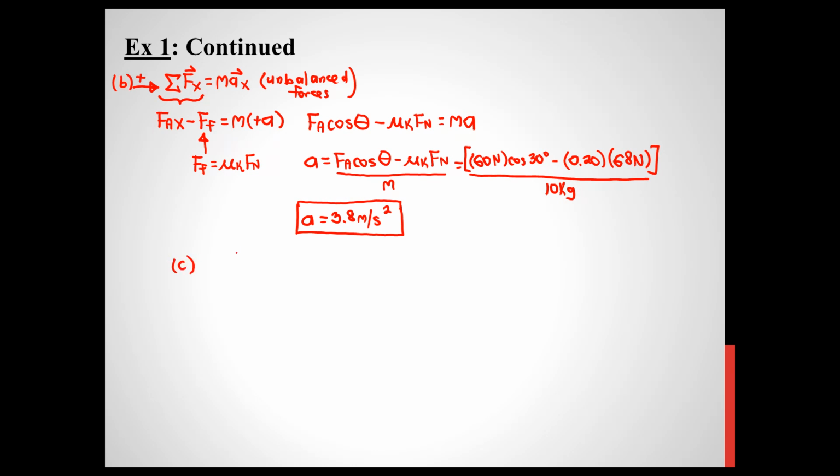Part C wants me to figure out what the velocity of the box is after being pulled for 5.0 meters. To do this, we need to draw upon knowledge from a previous unit because none of our dynamics equations so far deal with velocity. They only deal with forces and acceleration. To solve this, we want to set up a one-dimensional kinematics problem.